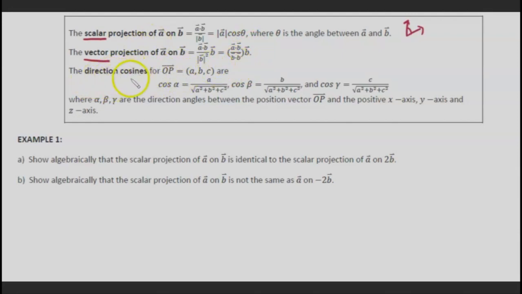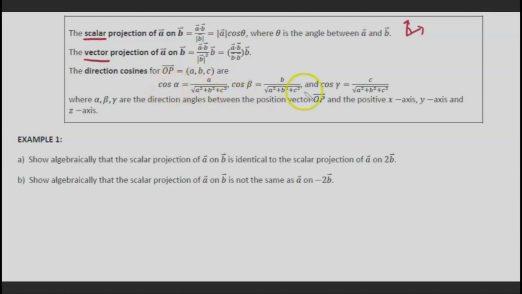Then we're going to get into something called direction cosines. These are going to be for vector OP, where O is the origin and P is the point. The point P, which is going to be (a, b, c), is also the vector OP, still denoted by (a, b, c).